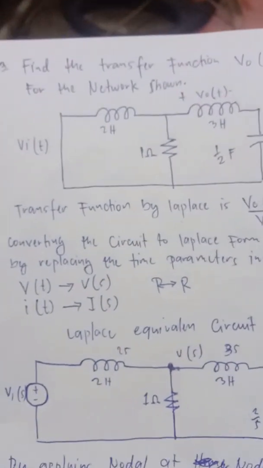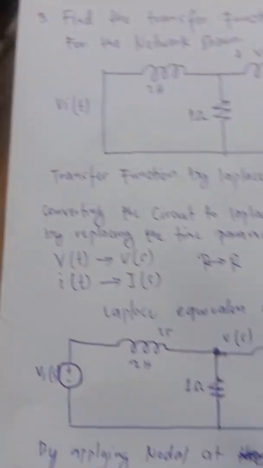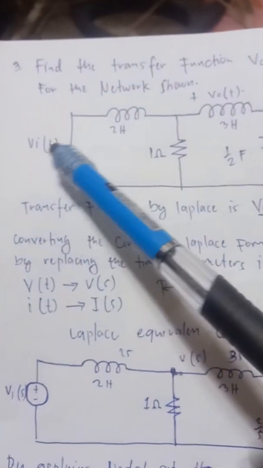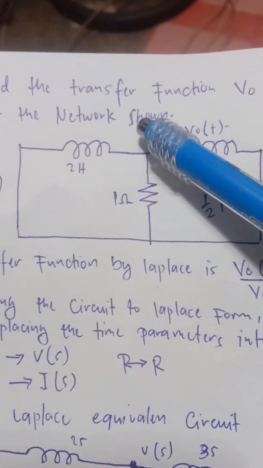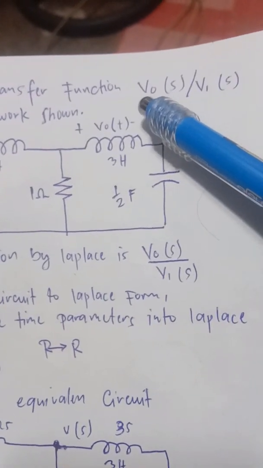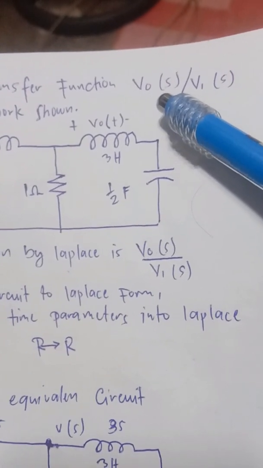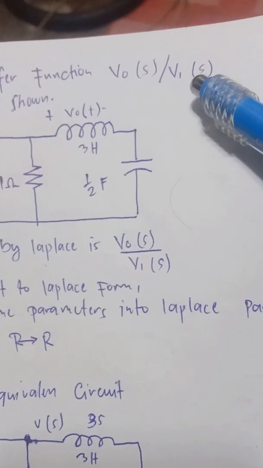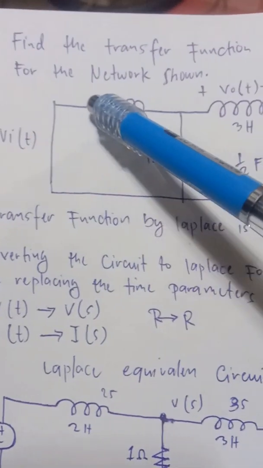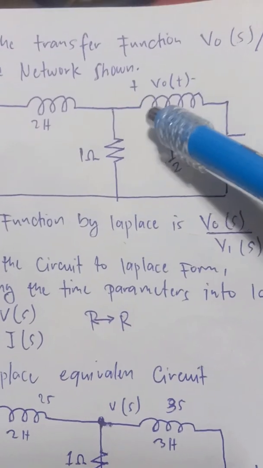This is the diagram of number 3. Find the transfer function Vo(s) over Vi(s) for the network shown.